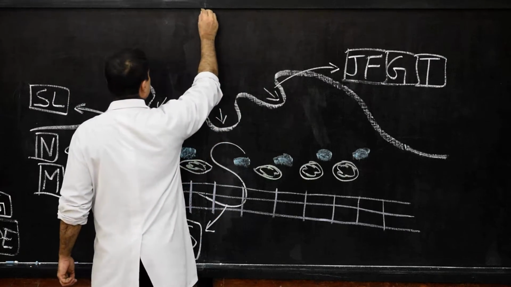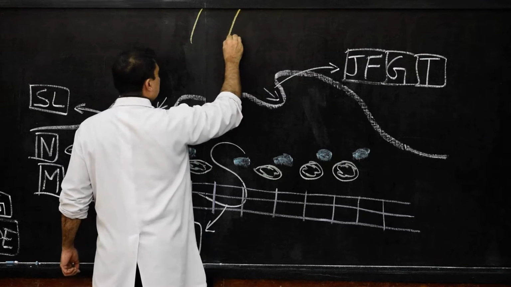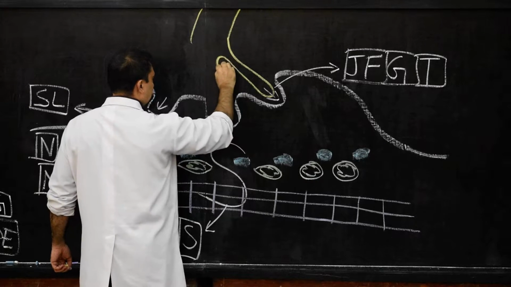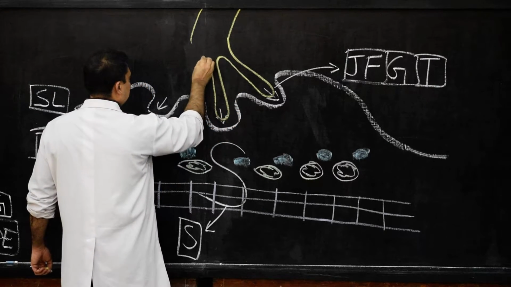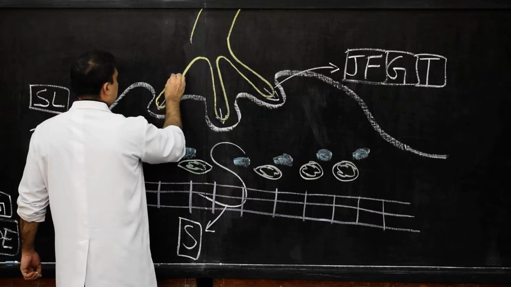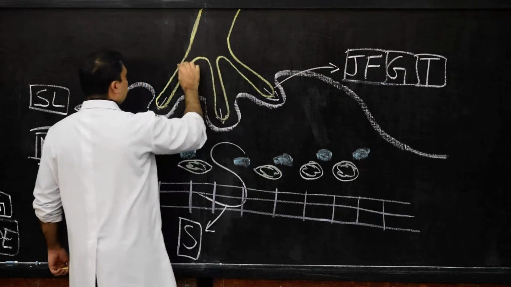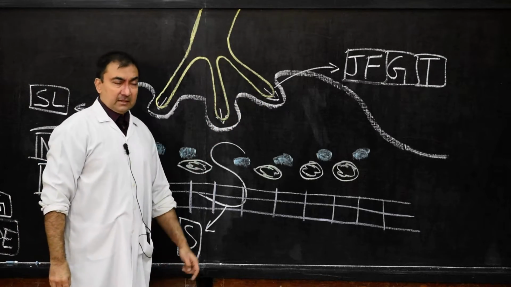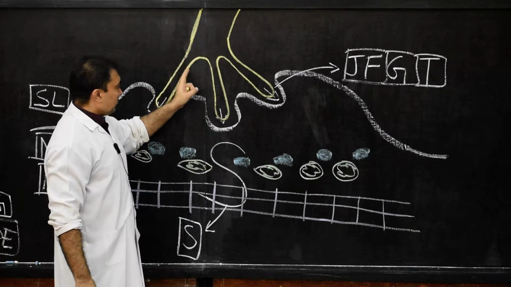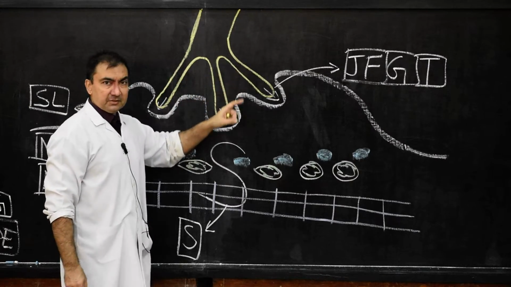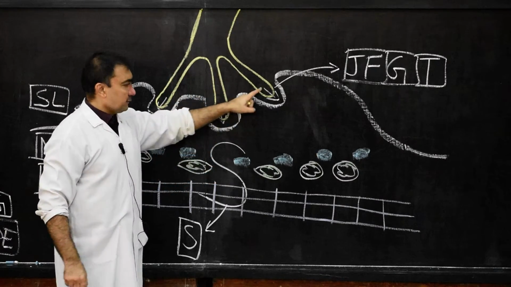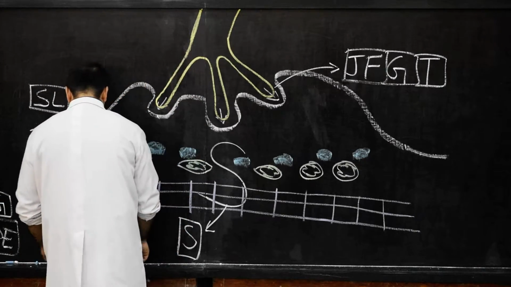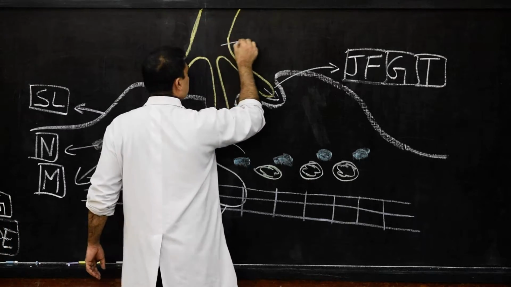So therefore, if this axon is coming, it will divide into various terminal branches, and these branches, as you can see what I am doing, will branch and settle in each and every trough or gutter or junctional fold. So the axon coming from above will divide into various terminal branches which will occupy the junctional folds, and therefore this structure here is known as the axon.